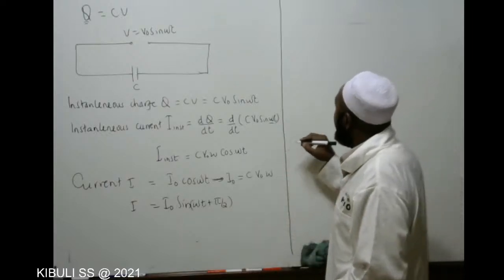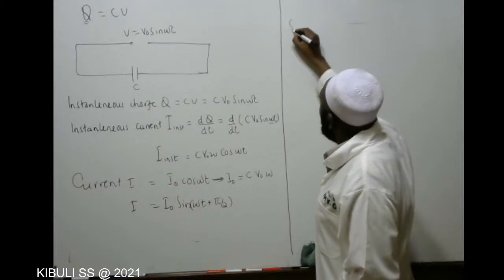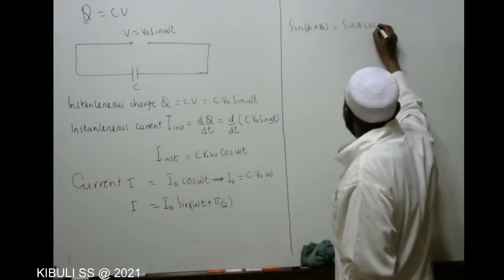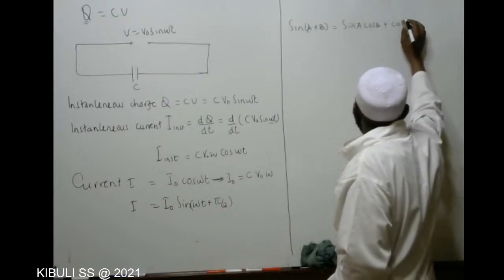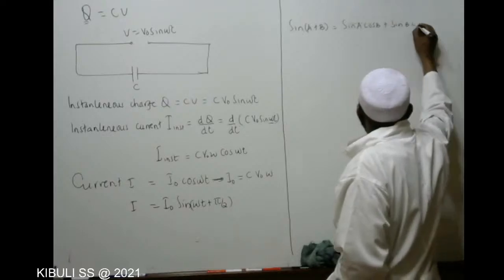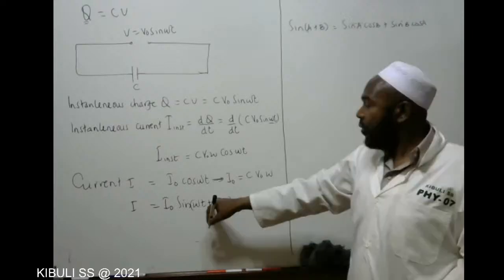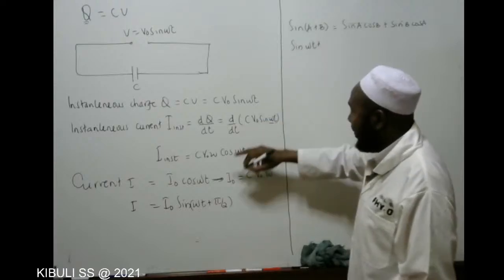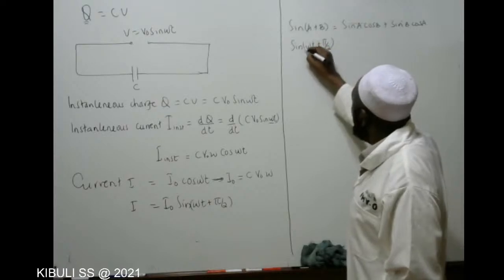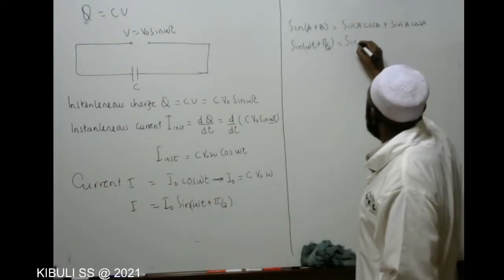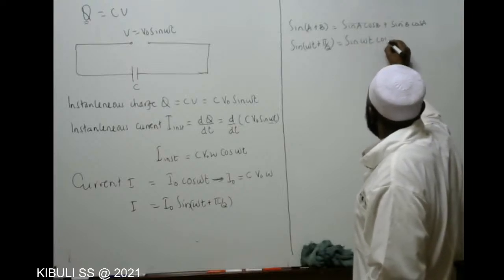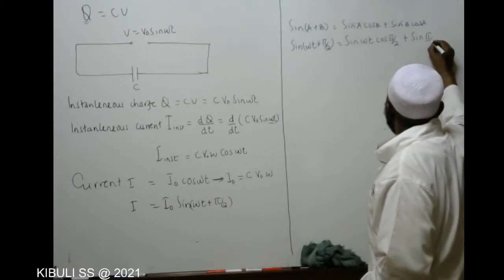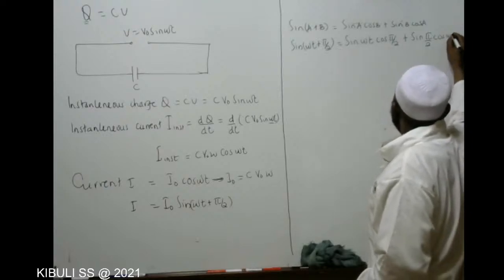You know, from trigonometry, sine of A plus B is the same as sine A cos B plus sine B cos A. So if we relate it to this one, we are now going to note that term A is Wt, and B is pi over 2, which is the same as sine A, which is sine Wt, cos B, which is cos pi over 2, plus sine B, which is sine pi over 2, cos A is cos Wt.